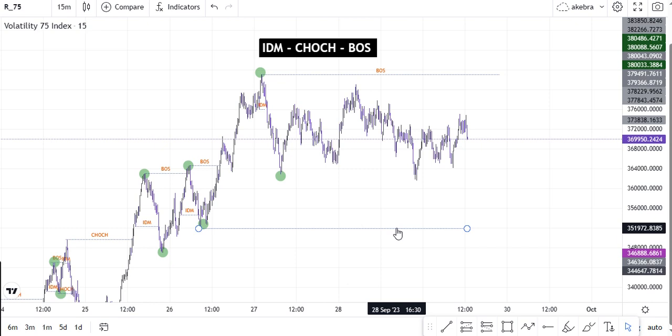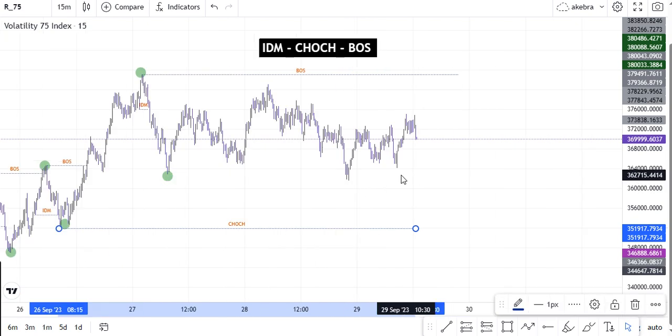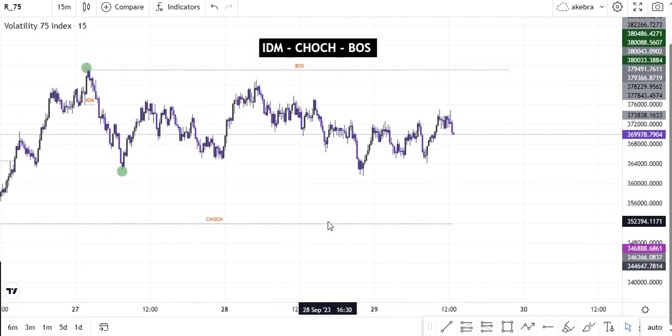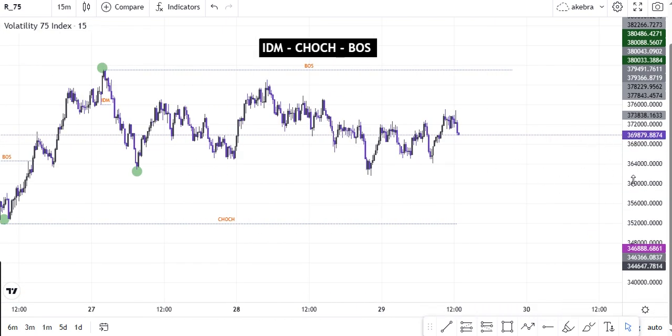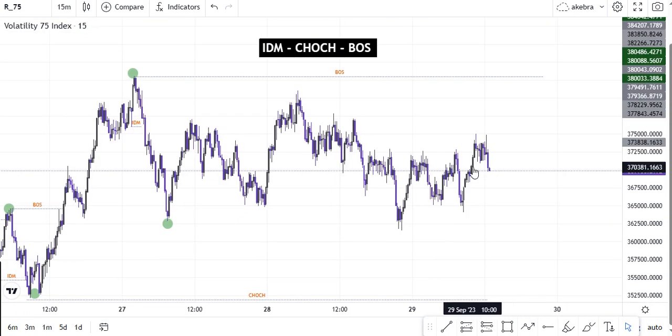This is our change of character. So the market's in a range, change of character. So if the market goes below this zone here, that's a change of character. If the market goes above this, you are going to look for a new inducement and keep going down. For now, the market is moving what? Higher. Okay, it's pushing higher. So that is how we take our trade. It's quite simple.